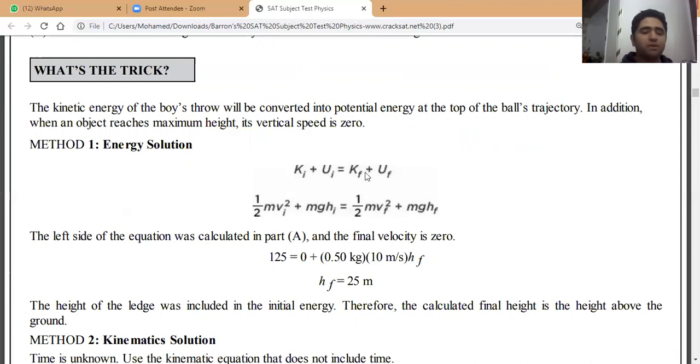So you've essentially got the initial kinetic energy plus the initial potential energy equals the final kinetic energy plus the final potential energy. So the left side of the equation was calculated in part A. So you got 125, you do your manipulation, you're going to find the final height in the end.